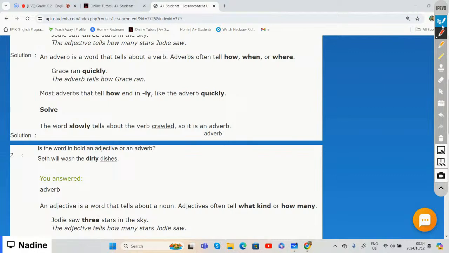All right, if we were to select, we will say that Seth will wash the dirty dishes. So this is an adjective, because dishes is a noun. Dirty describes that noun.